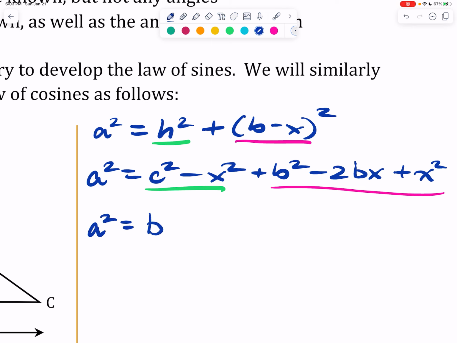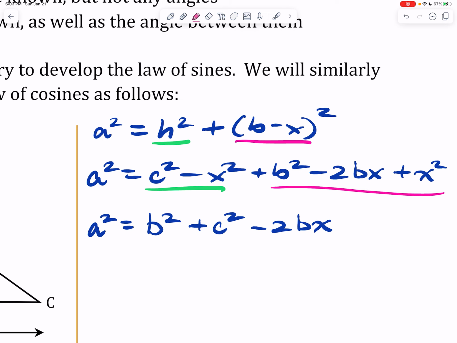So I'm going to write the b squared first, the c squared second, and then there's this remaining term, minus 2bx. And the last step of this proof requires us to go back to the preliminary work, because we're going to have this in terms of a's, b's, and c's.